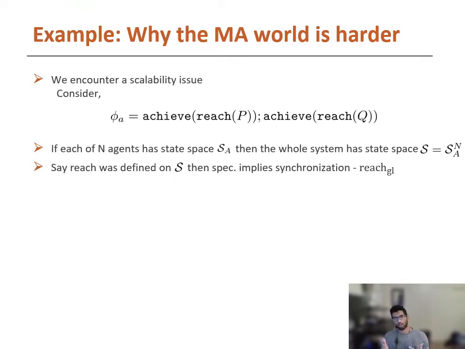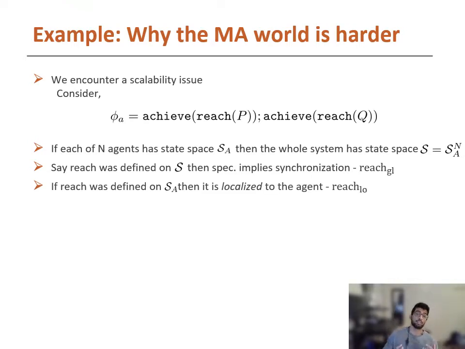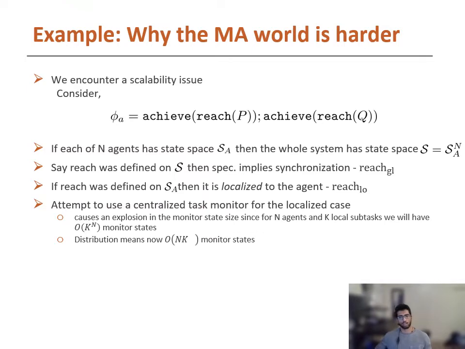Here, all agents would need to reach P at the same time, and then all agents would need to reach Q at the same time. But if reach was defined on S_A, now the predicate is localized to the agent. It can ignore the other agents during evaluation. So it can reach P and reach Q without any sort of synchronization between agents.